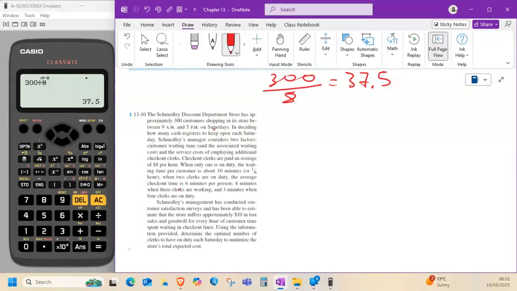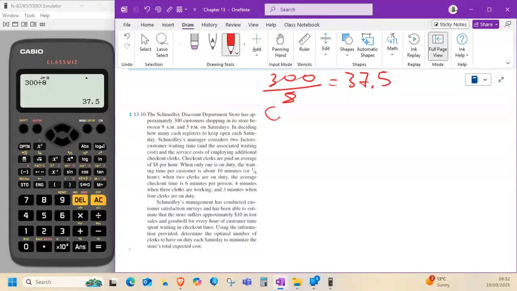And then on Saturdays, in deciding how many cash registers to keep open each Saturday, Shemley's manager considers two factors: customer waiting time and the associated waiting cost, and the service cost of employing additional checkout clerks.